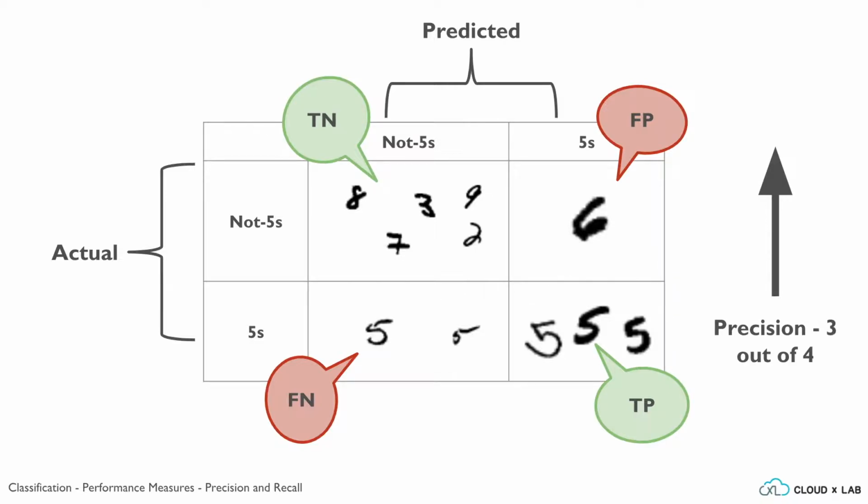So the precision is 3 out of 4. In other words, precision is about being precise. It measures how many classifications were correct out of all the classifications. So, if a model classifies only one image but classifies it correctly, then its precision will be 100%.